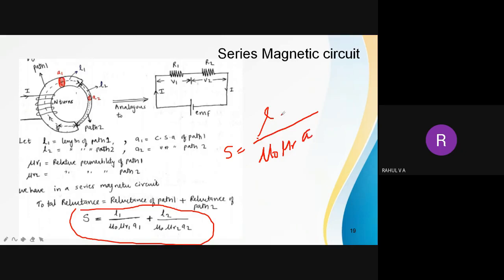So the reluctance of the first section is L1 divided by mu 0 mu R1 A1. Reluctance of section 2 is L2 divided by mu 0 mu R2 A2.